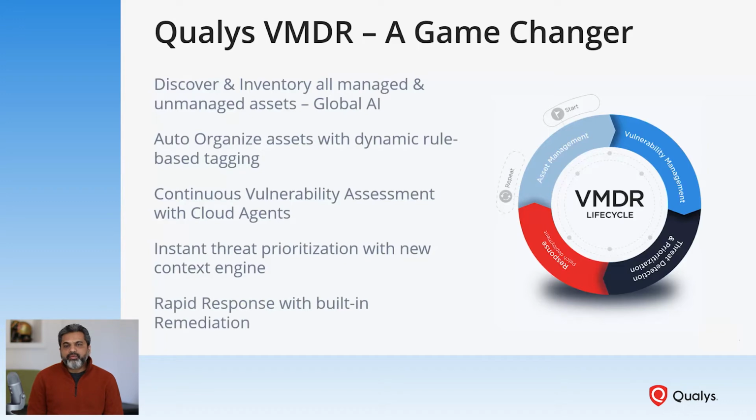And then the last part that VMDR really brings is precisely identifying what remediation action needs to be taken and what patches need to be deployed. And then, of course, you can expand that by leveraging the Qualys agents to also deploy those exact specific patches.